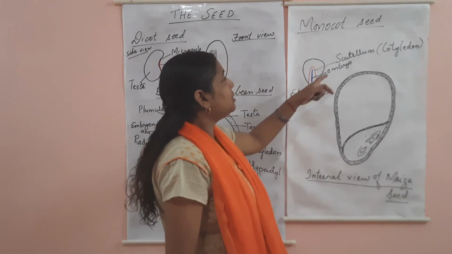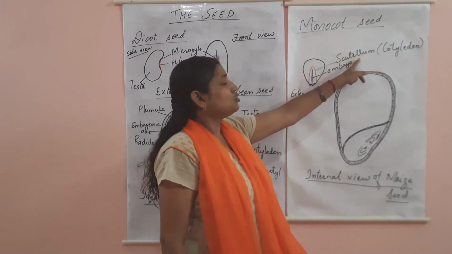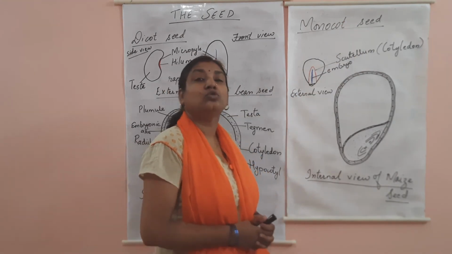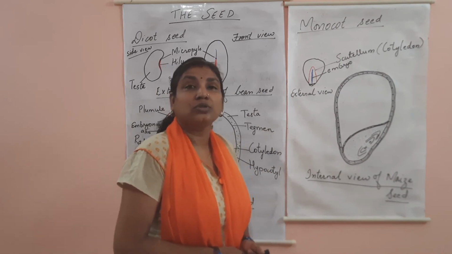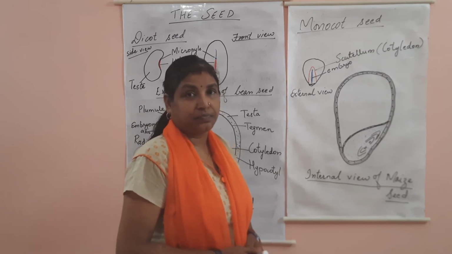Maize seed has a single, almost papery cotyledon known as scutellum. There is no separate seed coat in monocot seeds because it is fused with the pericarp and forms a thick outer covering around the seed.